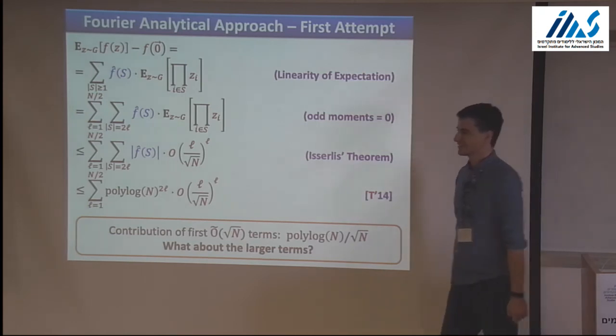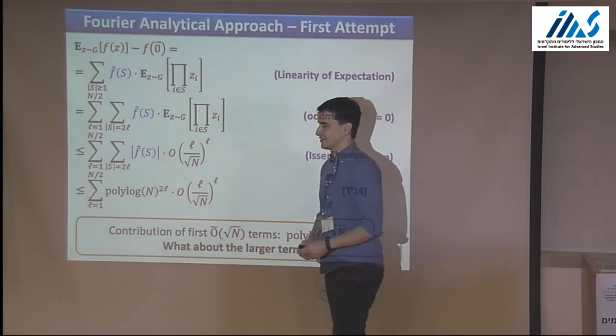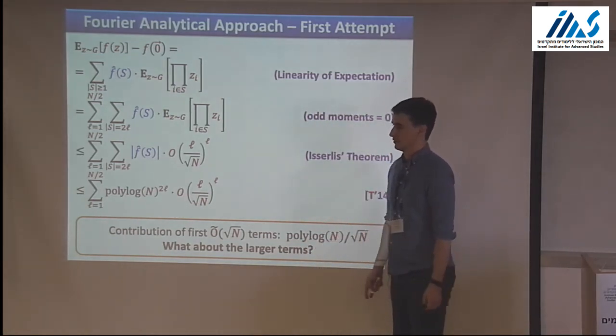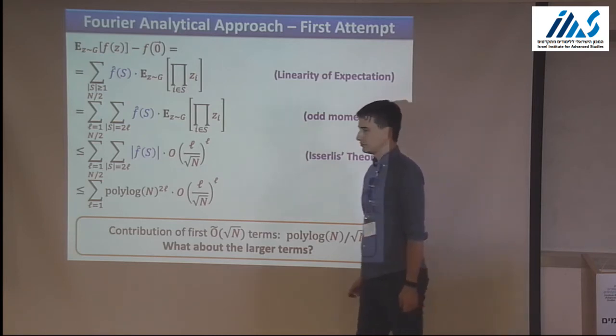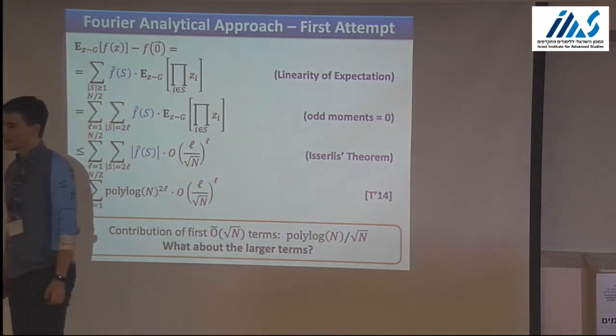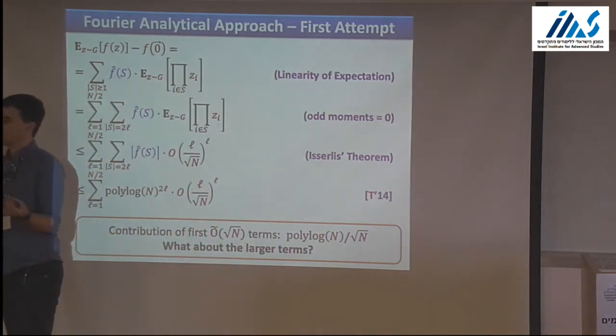Okay. Just wondering, even for the first step of eliminating the odd ones, the Zi's are not independent. If they were independent, then I can see why an odd moment would just give you 0. So there is still a multivariate Gaussian distribution.